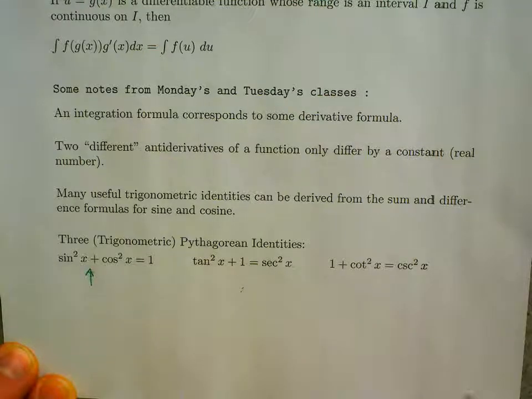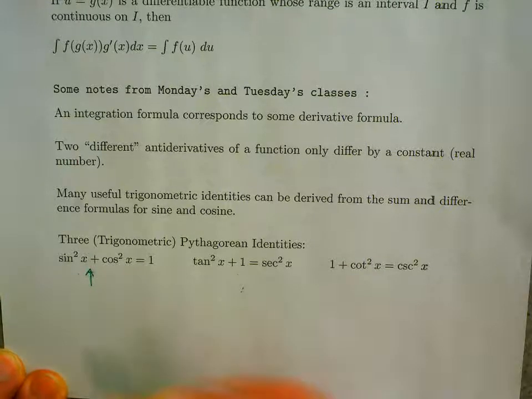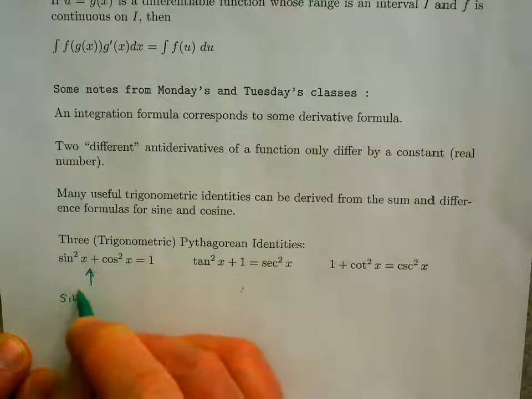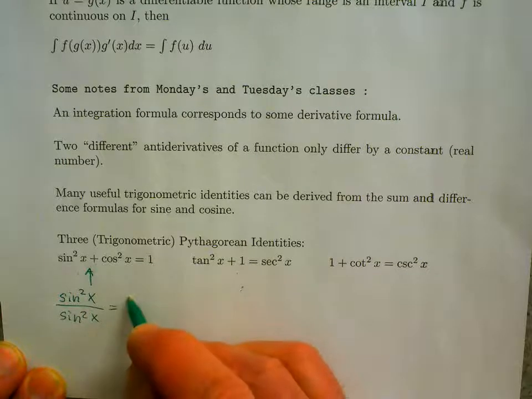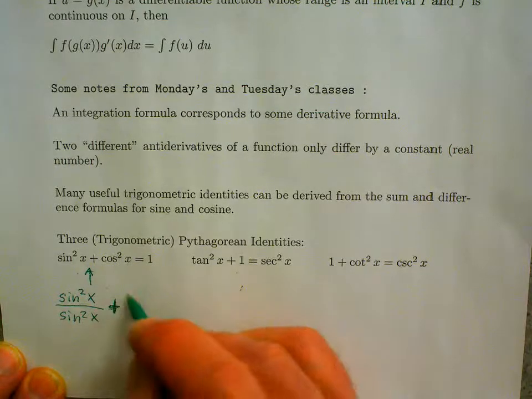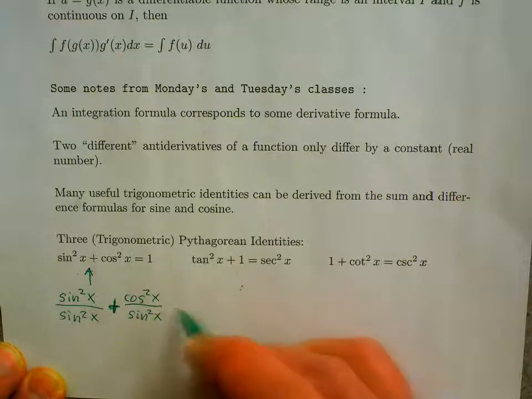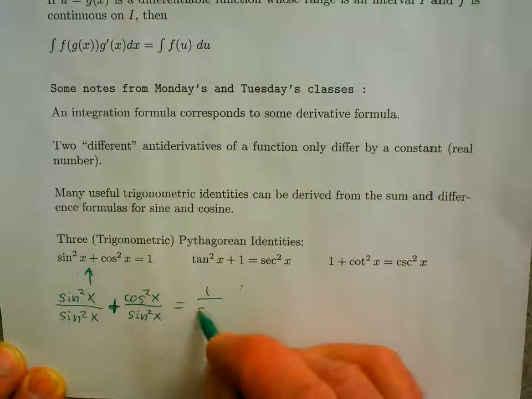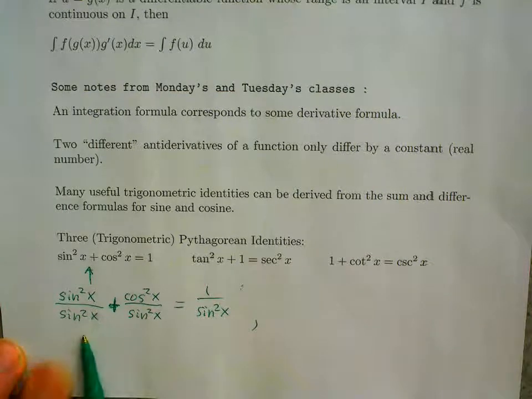Well, if we divide every term on both sides of this Pythagorean identity on the left, if we divide every term on both sides by sine of x squared, plus... and then simplify, sine of x squared divided by sine of x squared is 1.